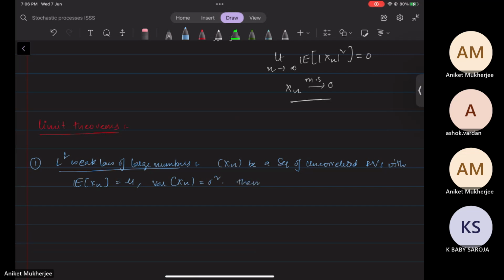Then the sample mean Xn bar, which is given by 1/n summation i equal to 1 to n of xi, converges to mu in probability. I hope you see that this is also a random variable because the x's are random. It converges to a deterministic number mu in probability. I hope you understand what that means: the limit of probabilities of the set where this does not converge to mu is equal to 0.